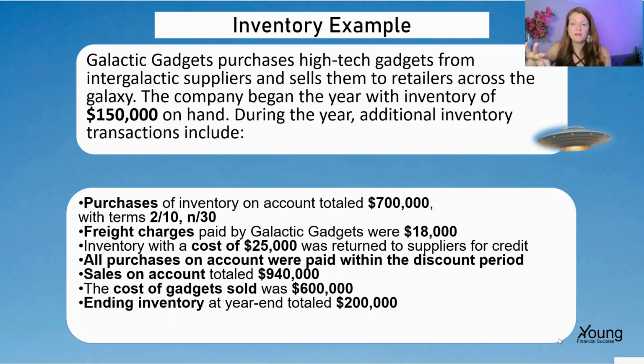What I would recommend at this point is for you to pause it and try to figure out what the journal entries would be throughout the year for all of this going on. It's a lot, but we're going to see inventory increasing. We see some inventory decreasing. We see accounts payable going up and down, cash increasing and decreasing.